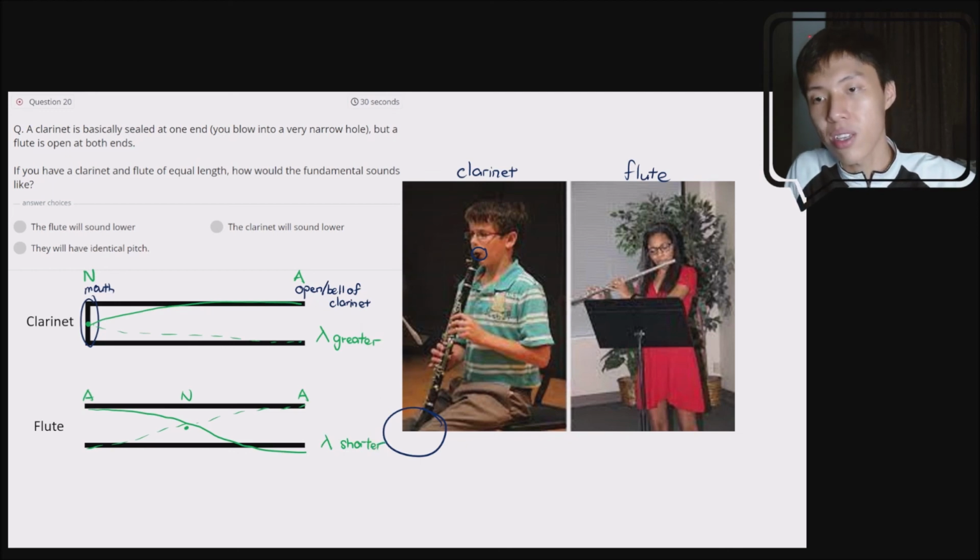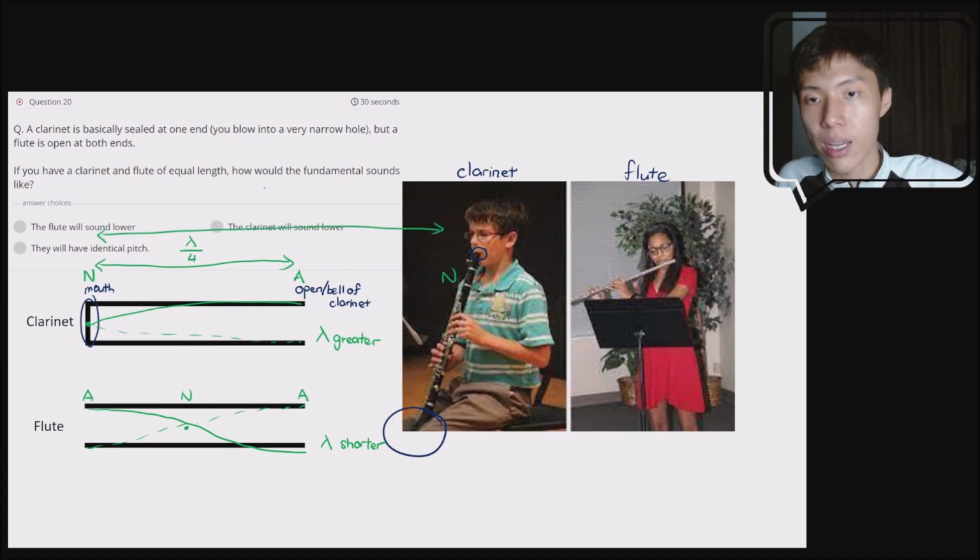Okay, how do you determine it? Well, in this diagram here, there is no node and the next node, so you cannot do lambda over 2. But you know that the distance between the node and an antinode here should be lambda over 4. Okay, because if there is a next node over here, then the distance should be lambda over 2.